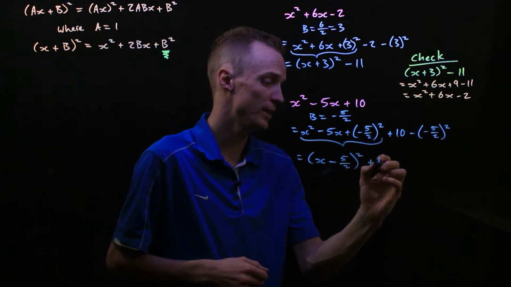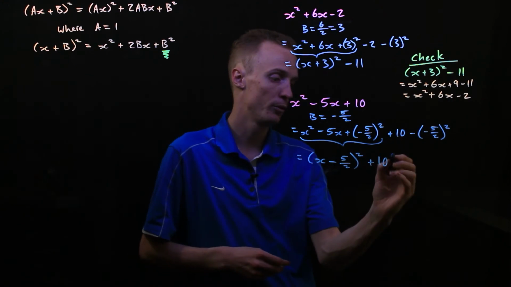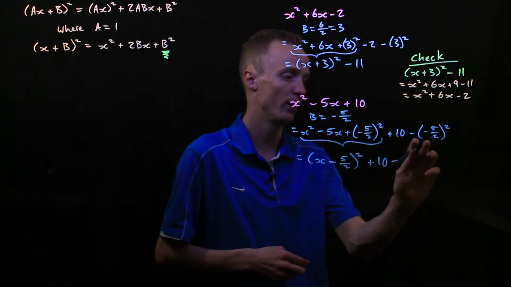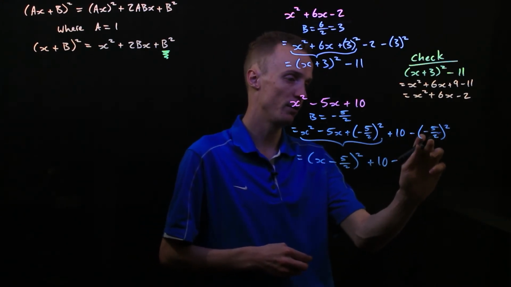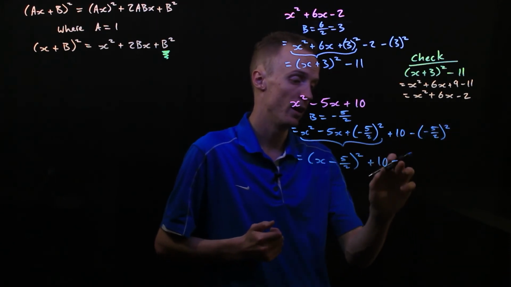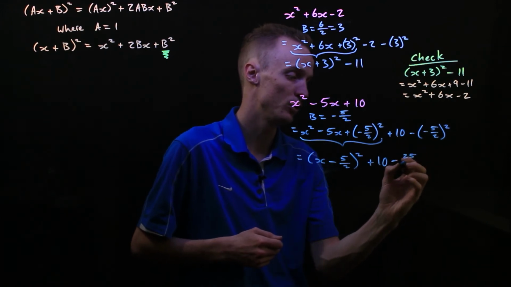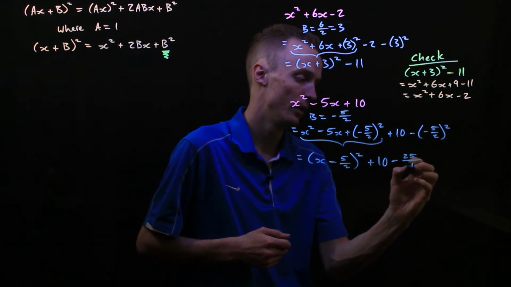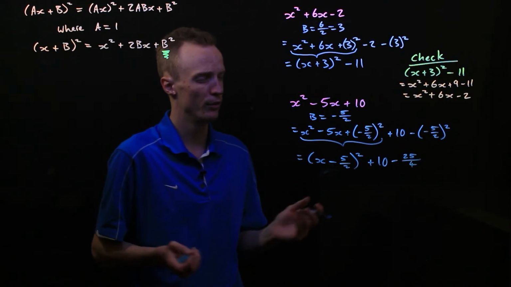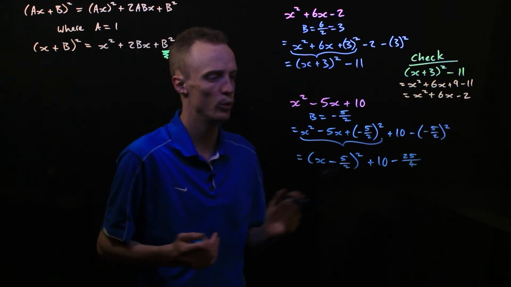And I'm going to be adding my 10, and let's subtract this squared. So to square this, a negative times a negative would be positive, so I'm not going to have another negative here. 5 times 5 will be 25, and 2 times 2 will be 4. So we'll be subtracting 25 on 4, which is 6 1/4.